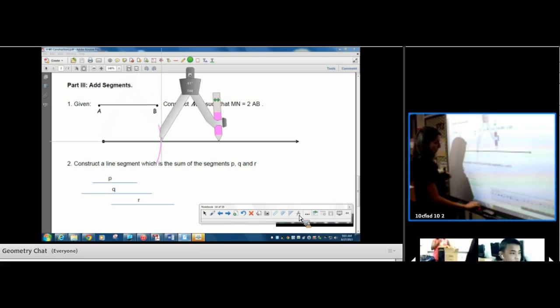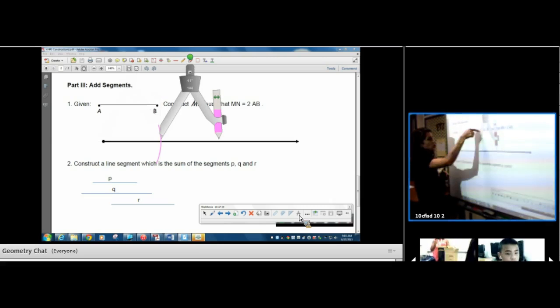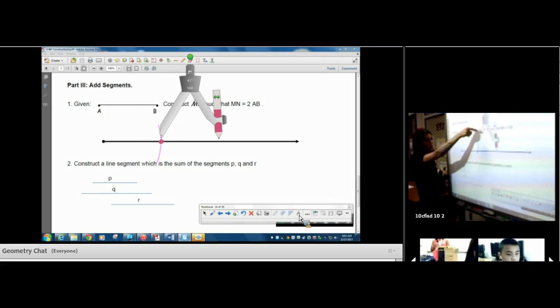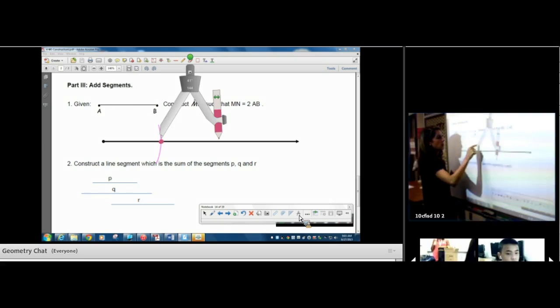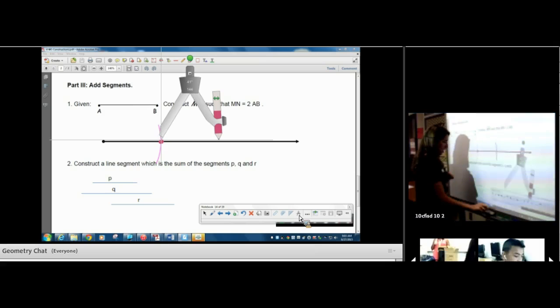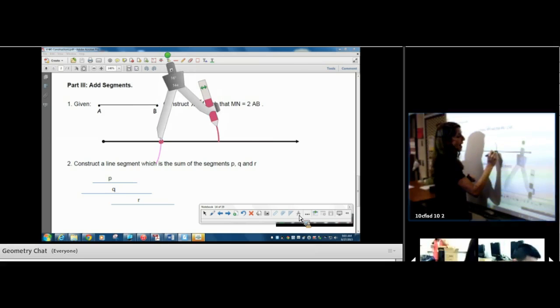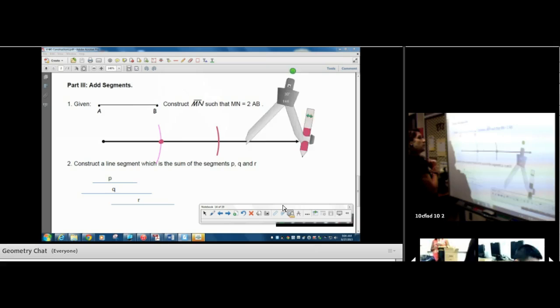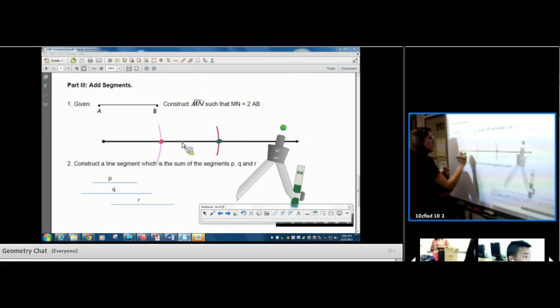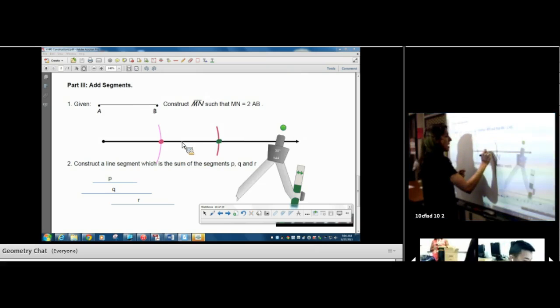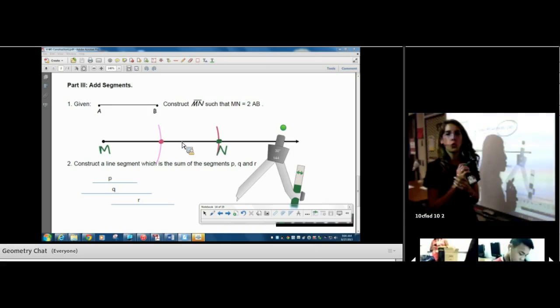You can put a dot there if you want. So we're going to start where we left off and make another mark. And that is our end point. So we're going to call it M, N.